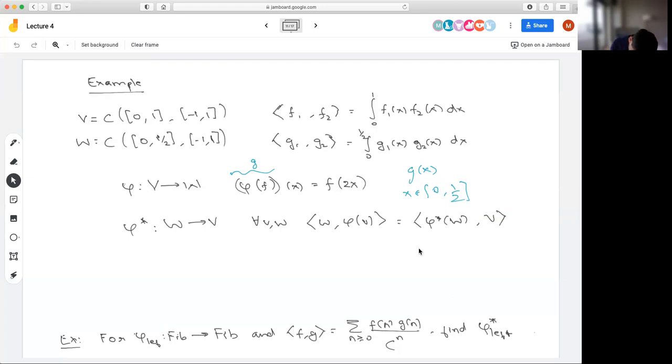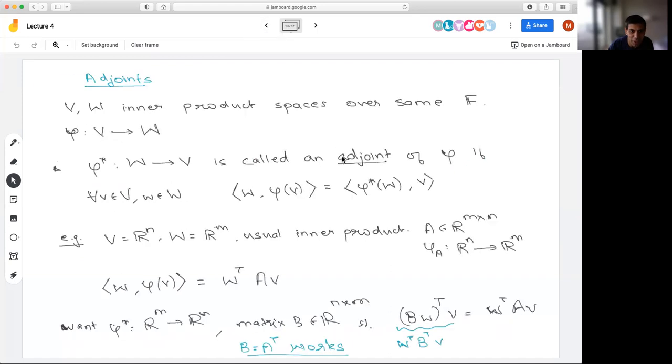And let's write down what we know about the inner product of w and phi of v. And I guess maybe this is something I should have emphasized even earlier. These two inner products are in different spaces.